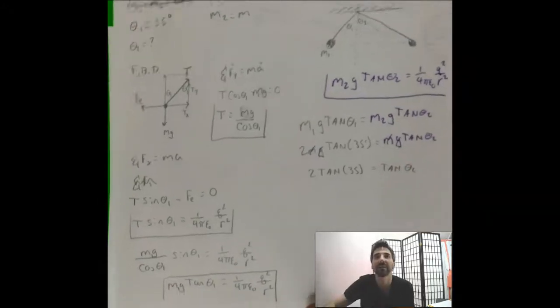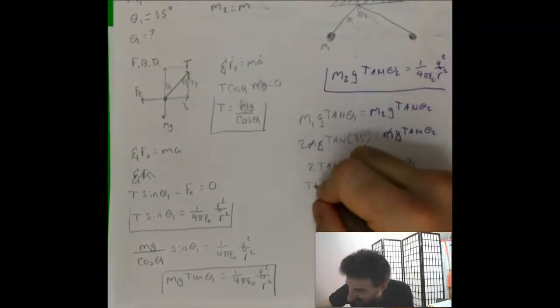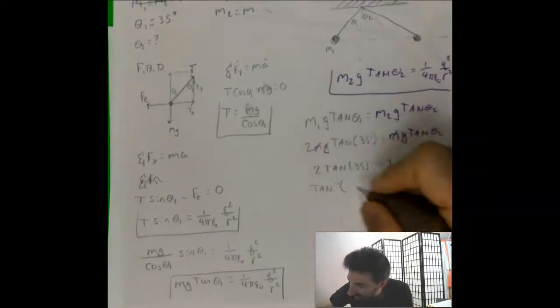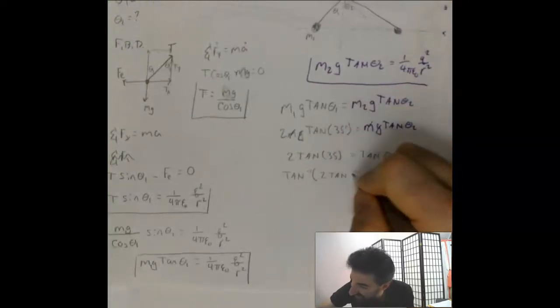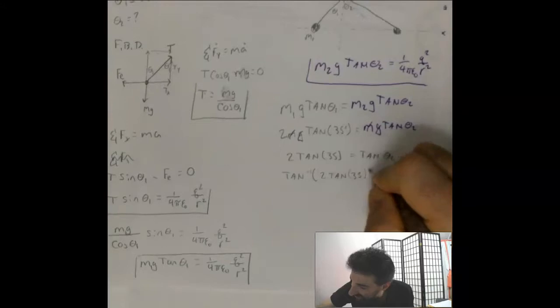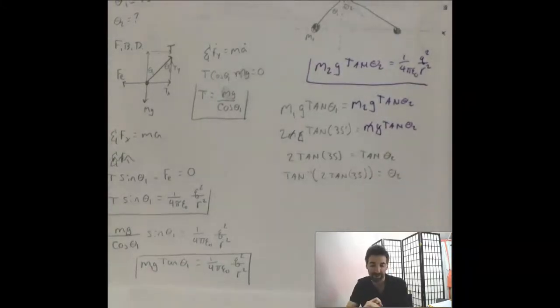I just dropped my colors, but such is life. So now I have the inverse tan of 2 tan 35 equals theta 2. Make sure we're in degrees. Some calculator magic. The inverse tan of 2 times the tan of 35.